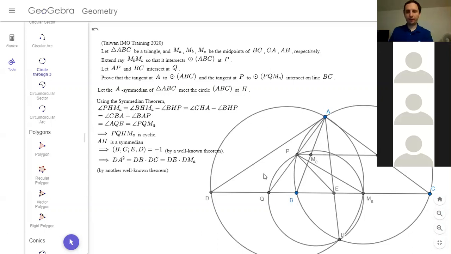So I think if DP were tangent to this circle, then there's a certain relationship. If we let P prime be the tangent from D to the circle, then dP prime Q is similar to dMA P prime. And I think there's a way we can combine those ratios. I forget what it is, but I think we can take dP out of the equation, and I feel like that would help a little bit.